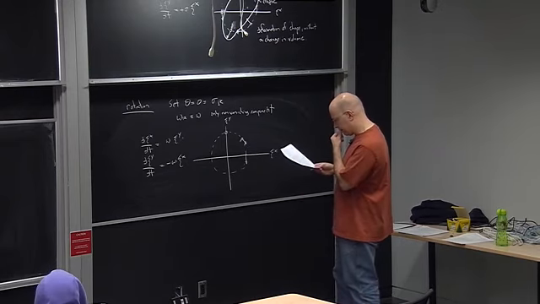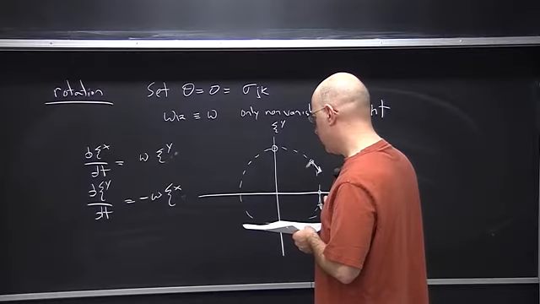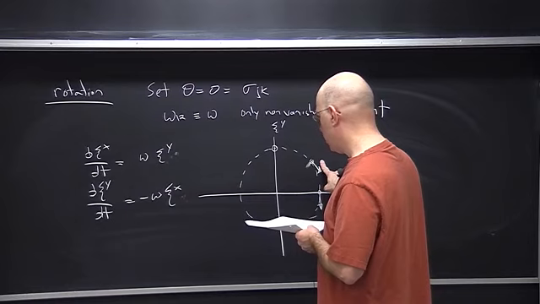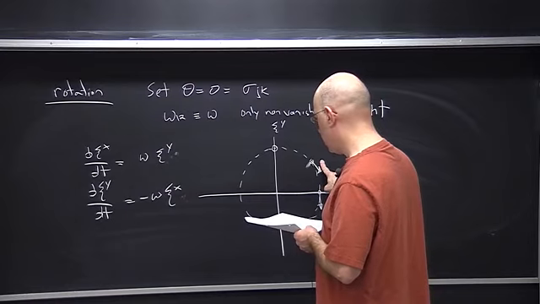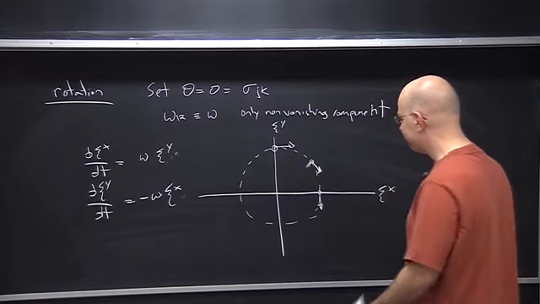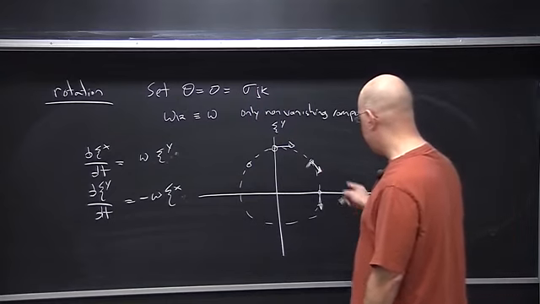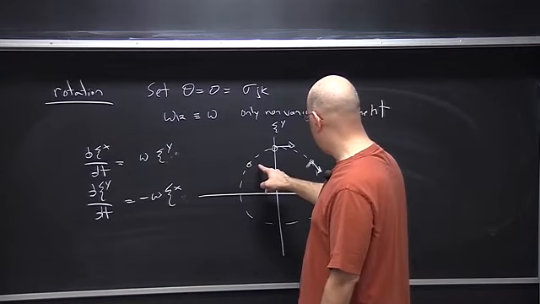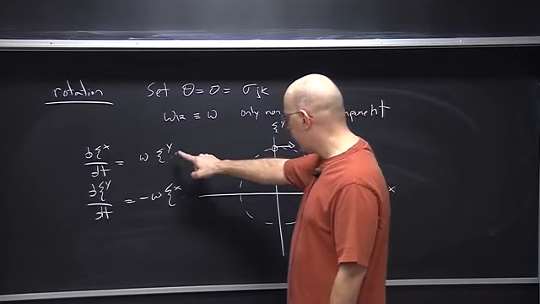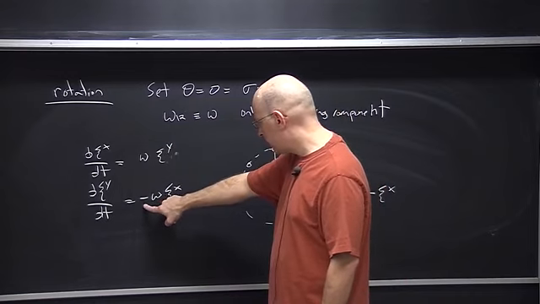Something's not right. So this one is okay. Oh no, sorry. What am I talking about? It goes this way. All right. This one, okay. So now it's negative in x and positive in y. So this one is positive, and this one is positive also.